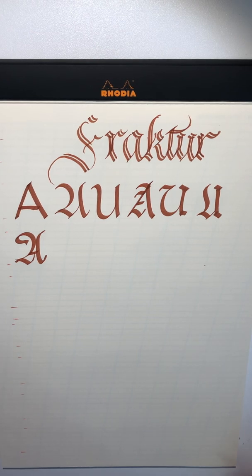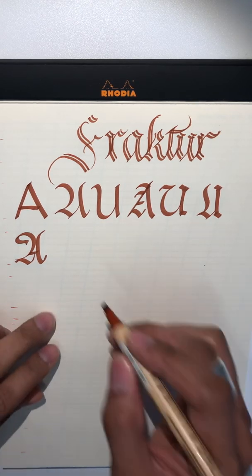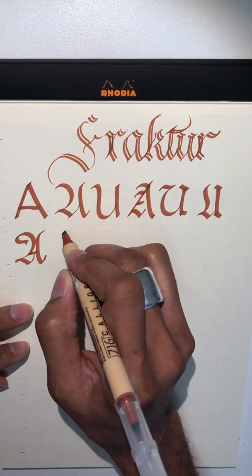Now, I'm not really going to show any Fraktur A's per se, as in a sort of historical Fraktur basic alphabet. What I am going to show you are Romanized Fraktur A's so that you have some variations to work with. So, of course, we also have this A.